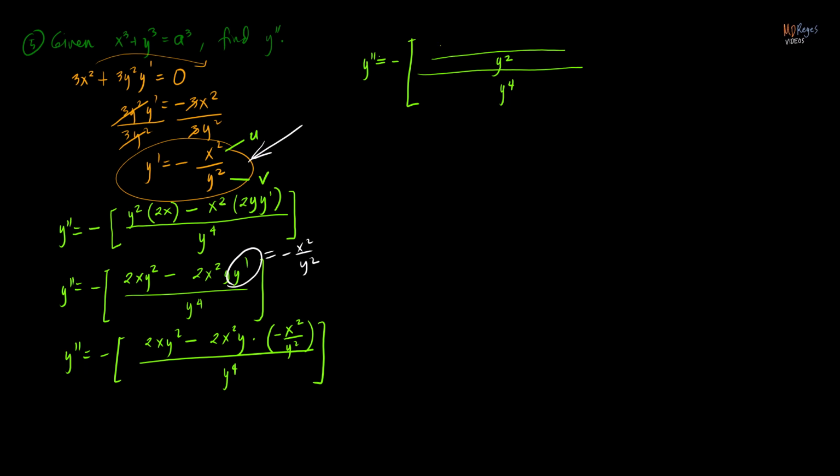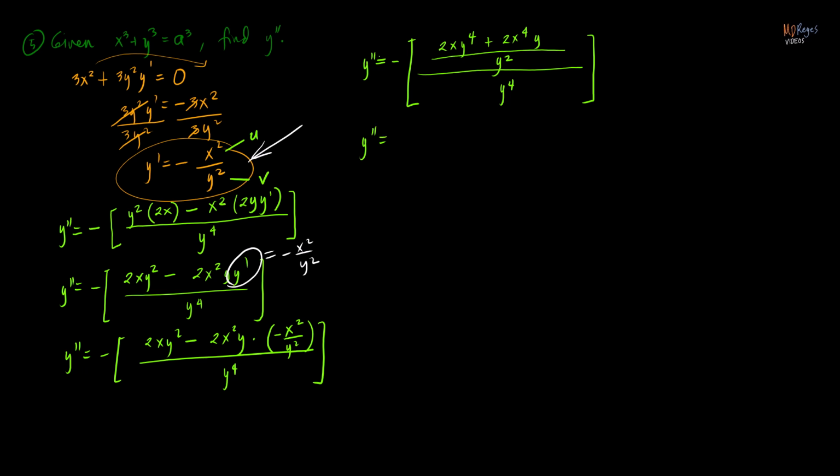So in the first term, we'll have 2xy to the fourth. And then in the second term, we'll have plus, already because of the minus, 2x squared y times negative x squared, so we'll have plus 2x to the fourth y. All right. So both y squared and y to the fourth will go to the denominator.